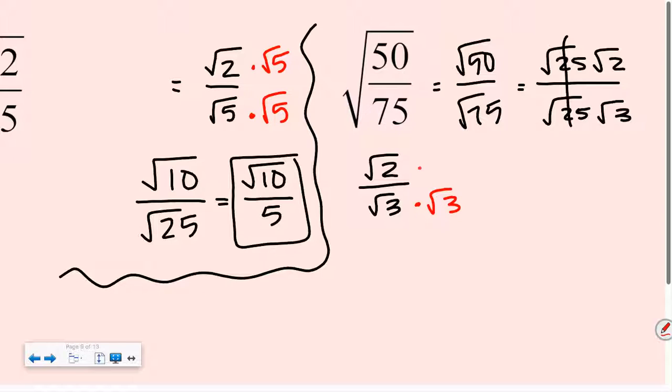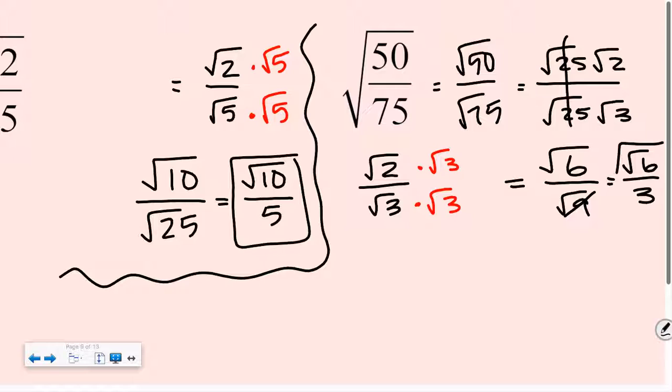Rationalize, multiply by the square root of 3. Up top, square root of 2 times the square root of 3 is the square root of 6. Underneath, the square root of 3 times the square root of 3 is the square root of 9. And the square root of 9 is just what? 3. So our final answer is the square root of 6 all over 3.